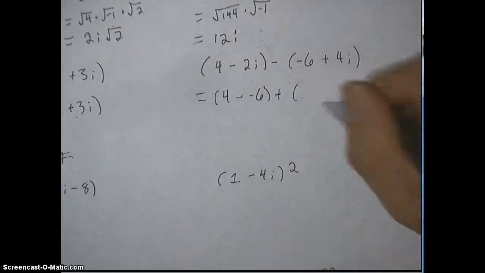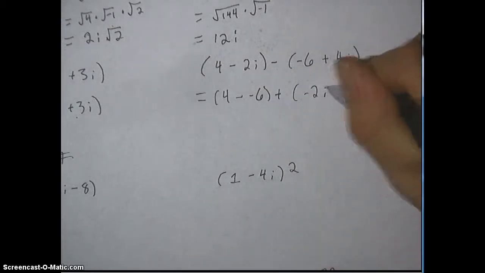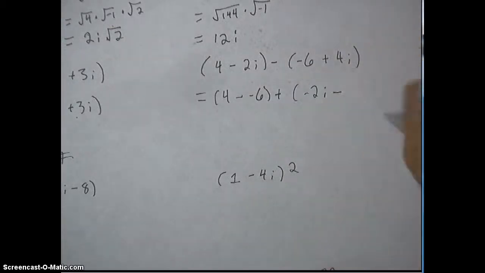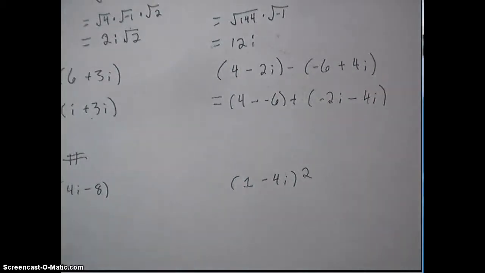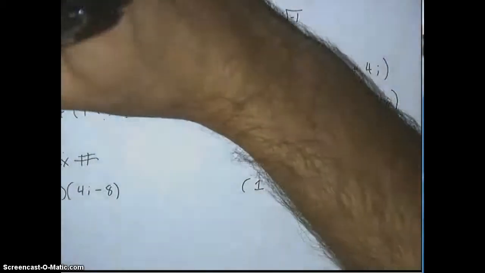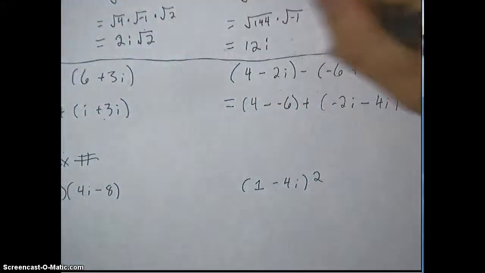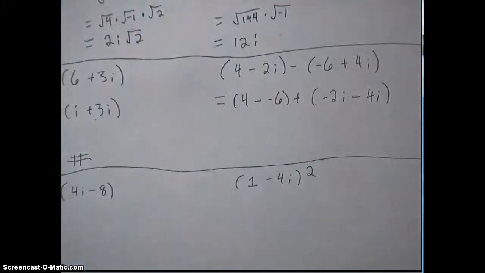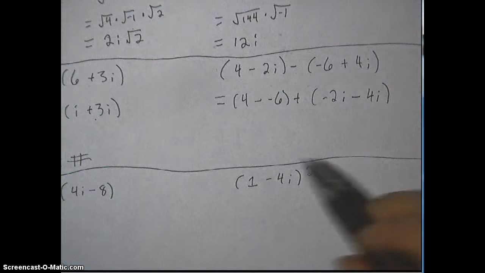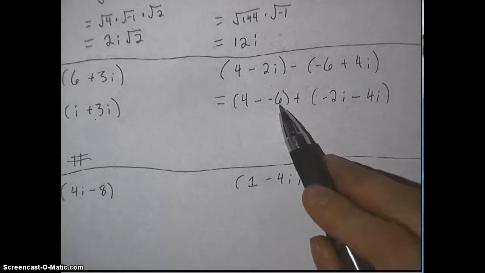And then I've got -2i minus 4i. Combining like terms. Okay, so 4 minus -6 is 4 plus 6.